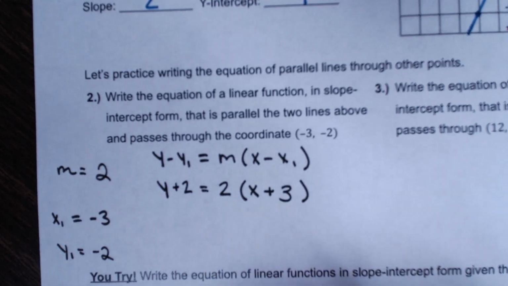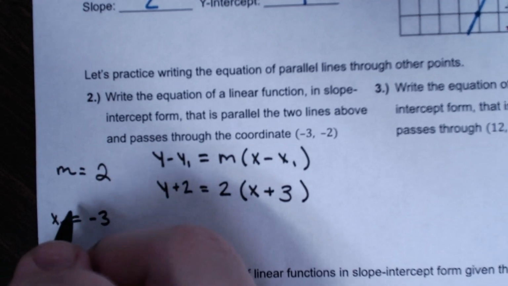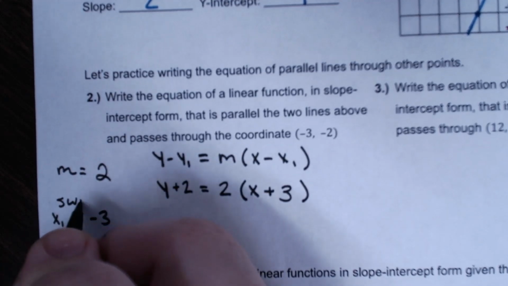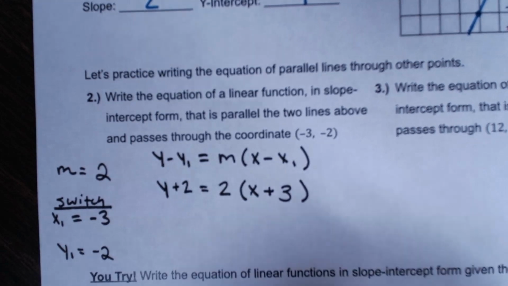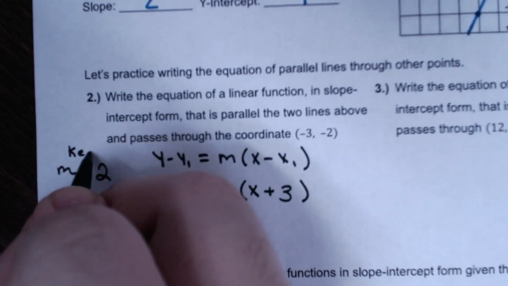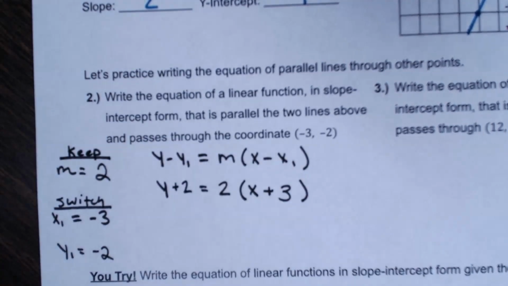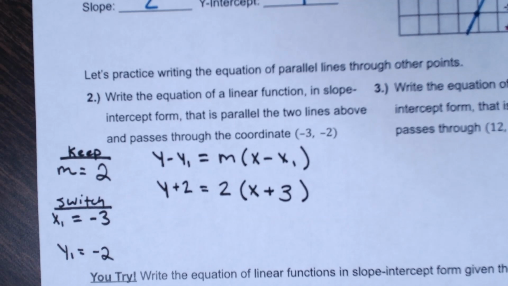Plus 3. So these two, you switch the sign, but this one, you keep the sign. That's just a weird little quirk that we got to remember with that point slope formula.